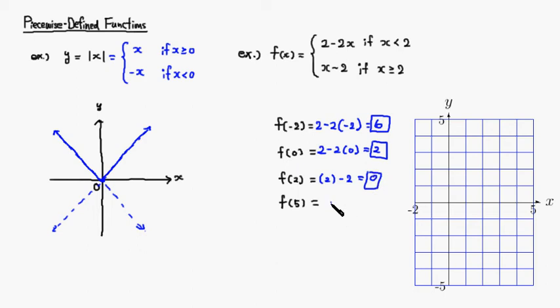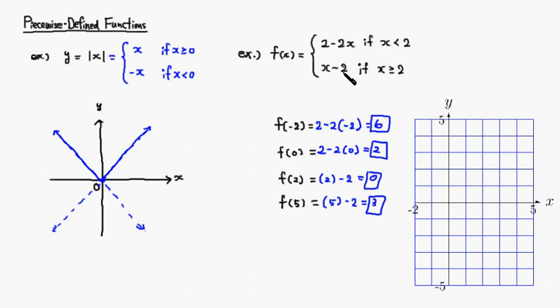Then you have 5. 5 is certainly greater than or equal to 2, so you use the bottom formula. It's 5 minus 2, which is equal to 3. So that's how you evaluate a piecewise defined function.